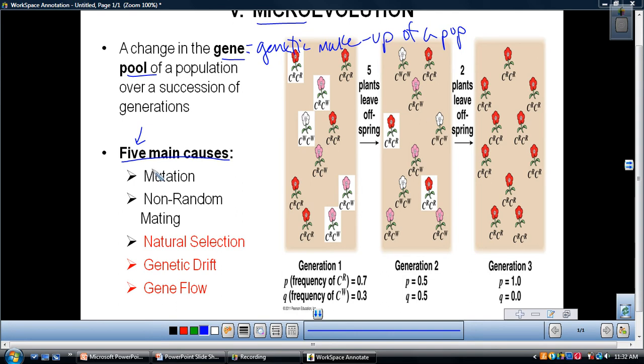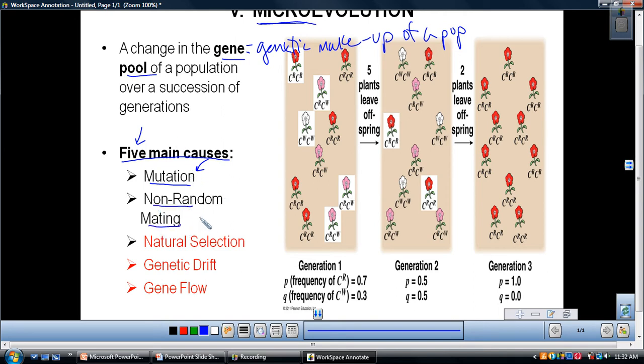For alleles to remain constant in a population, you must have no mutation. If we have mutations, that can cause allele frequencies to shift, which can lead to evolution of that population.